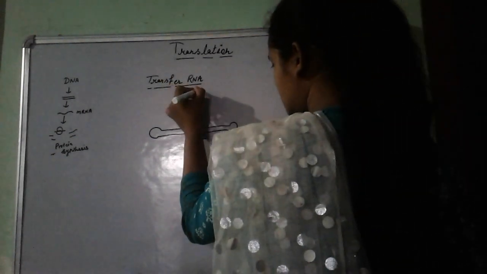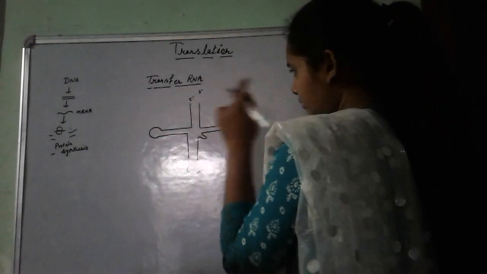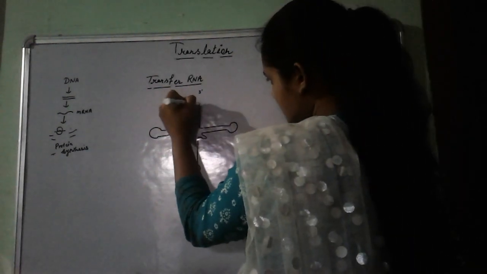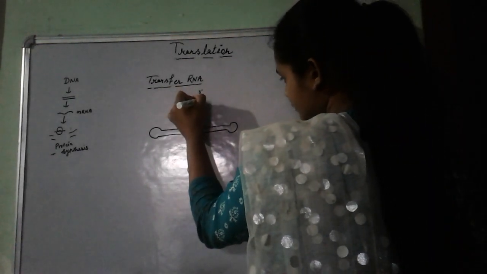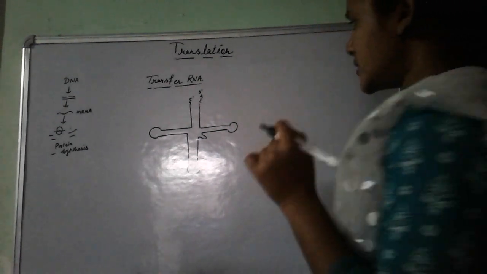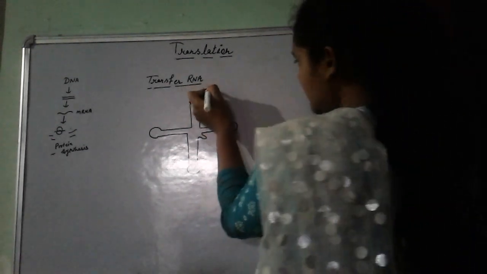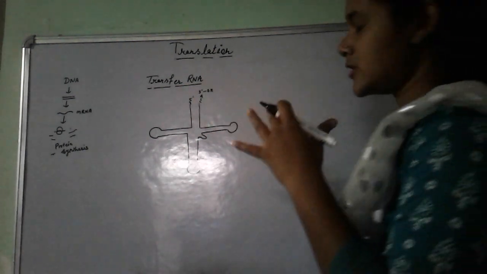This is the 3' end, this is the 5' end. At the 5' end, guanine is present. At the 3' end, CCA. Here at the 3' end, adenine is present. So at the 3' end, the hydroxyl group of adenine is present.